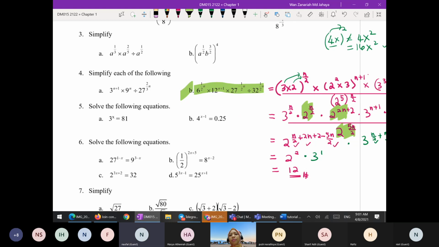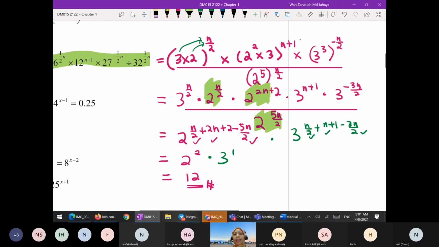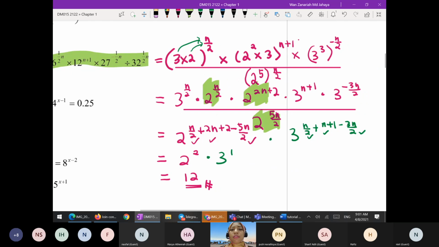Mesti, I cakap tadi, mesti to the smallest base. Tulis nota dekat situ. Leave your answer in a smallest base. Ini kebetulan dia dapat nombor bulat, 2 to the power of 2. Ada kalanya kalau macam ini tadi, bila I tambah, dia tak cancel out. Contoh dia jadi 2n plus 2, you have to leave your answer as this. Macam ni, 2n plus 2 times 3. So dia tidak semestinya darab terus 12 tu.